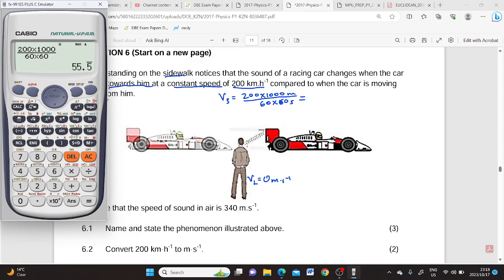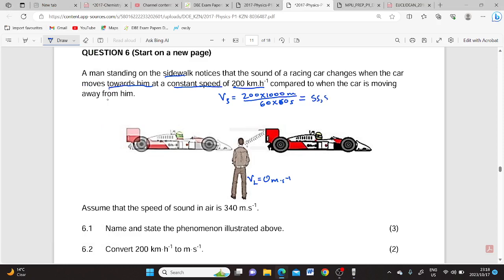So we'll have 55,5 recurring, we can say 55,56 meters per second. Right, that is the speed of the car or the source when the car is moving away from him.